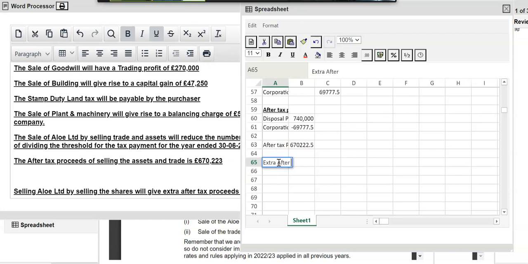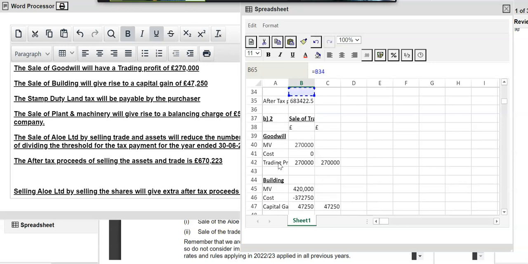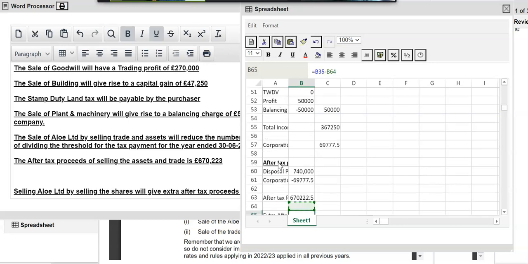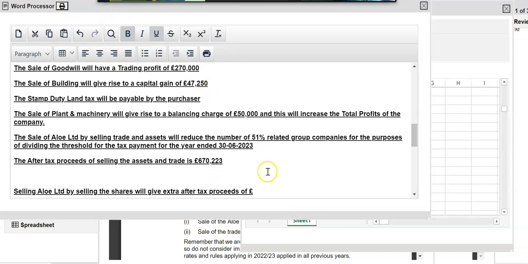Extra after tax proceeds, so we have to go all the way up, this minus this, so that's 13,200. So let's write it down. 13,200. The calculations are in the spreadsheet for reference.